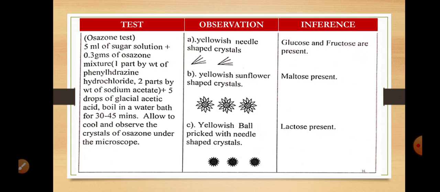So when you observe under the microscope after carrying out the osazone test, based on the type of crystals formed, whether yellowish needle shaped, yellowish sunflower shaped, or yellowish ball pricked with needle shaped crystals, you can differentiate them into glucose or fructose, maltose or lactose respectively.